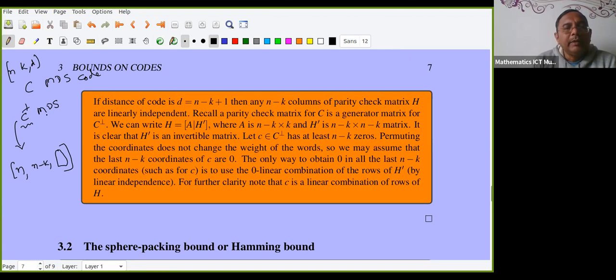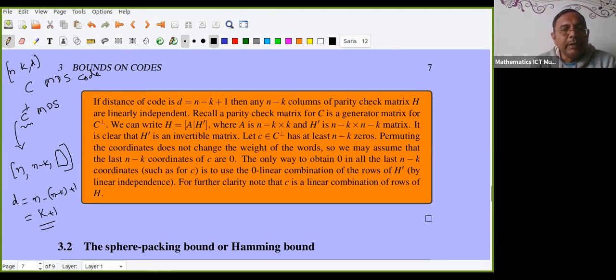In order to become MDS, d should be, with k replaced by n minus k, n minus (n minus k) plus 1, so it is k plus 1, correct? So I want to show that the distance equals k plus 1.